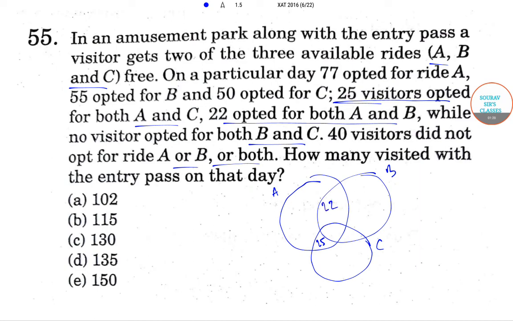While no visitor opted for both B and C, so B intersection C is 0. Now since B intersection C is 0, A intersection B intersection C also gives us 0.